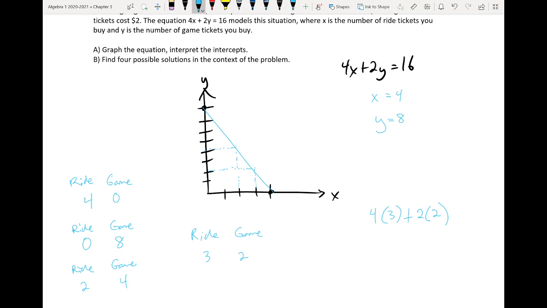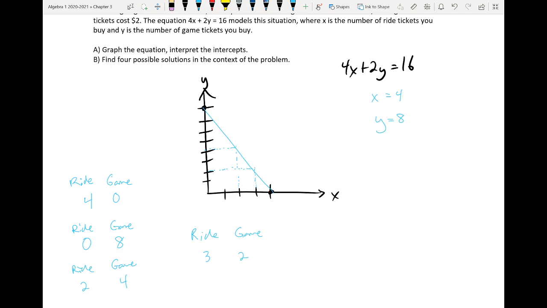Let's see if that works. 4 times 3 is 12. 2 times 2 is 4. And 12 plus 4, of course, is going to be 16. So therefore, 16 is equal to 16. This guy checks out. There's our 4 scenarios. Sweet.